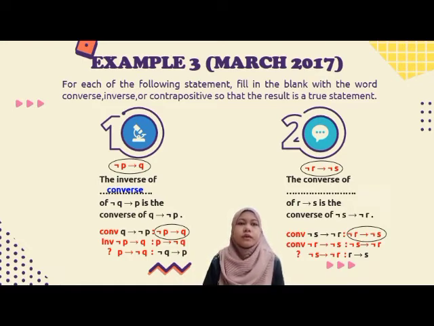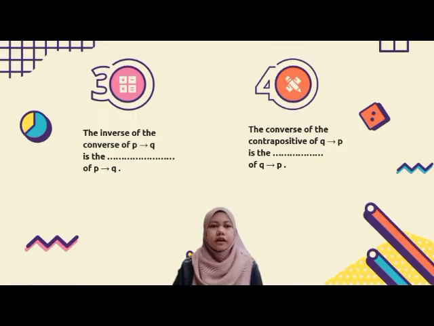So we continue to the converse of not r implies not s, and we will get not s implies not r. So what is the way to get r implies s? The answer is the contrapositive of not s implies not r, and we will get r implies s.